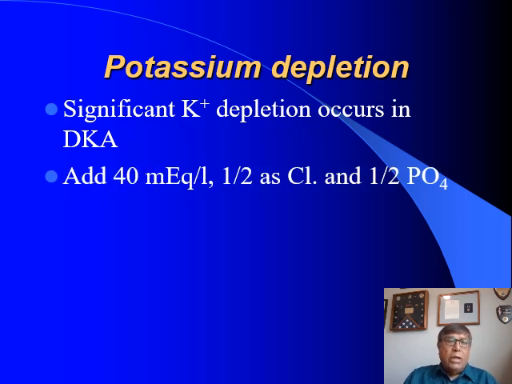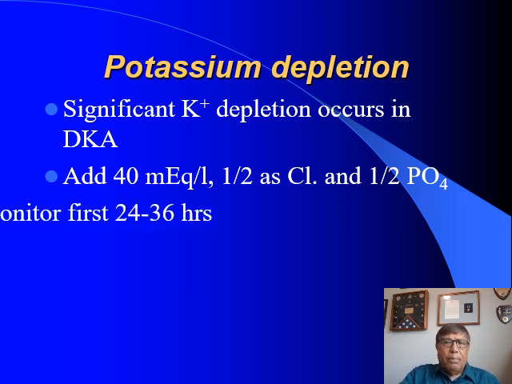As standard, one would add 40 milliequivalent of KCl. In many PICUs or institutions, they use half as chloride and half as phosphate, and that I will leave to your attending.